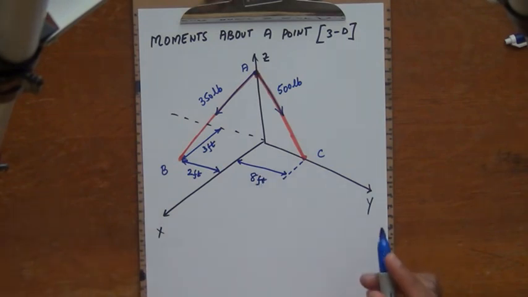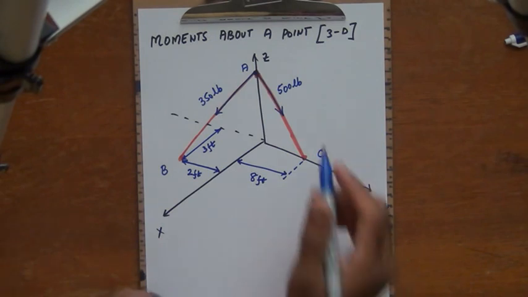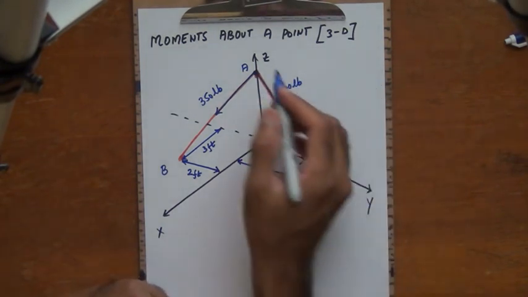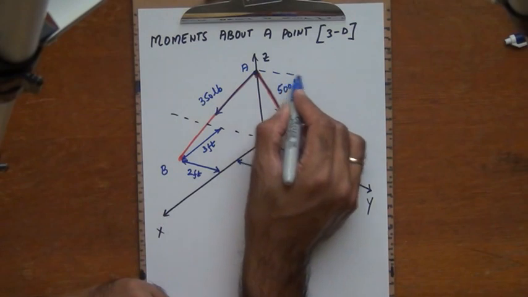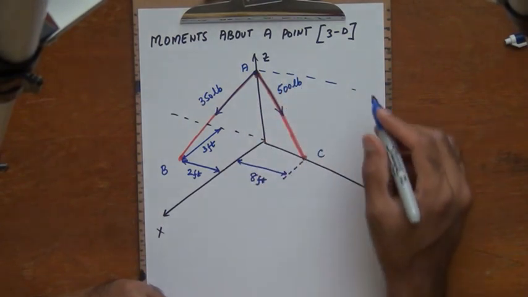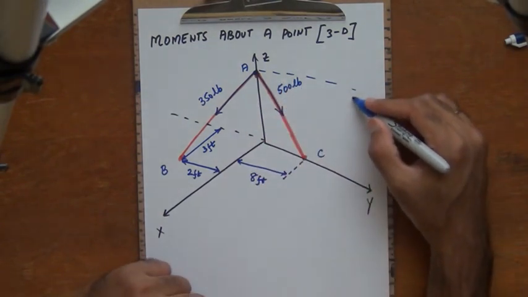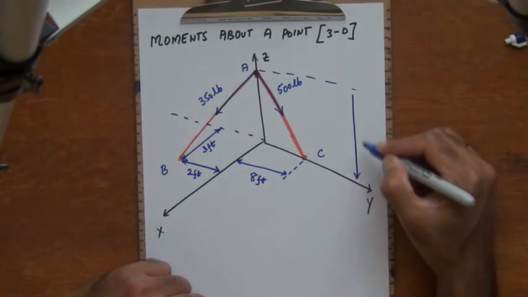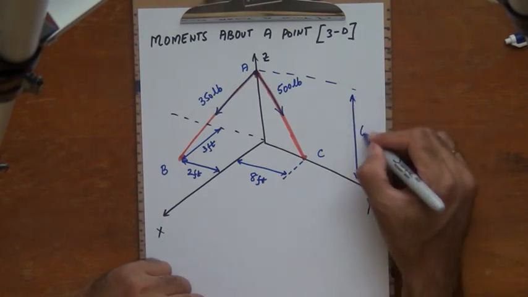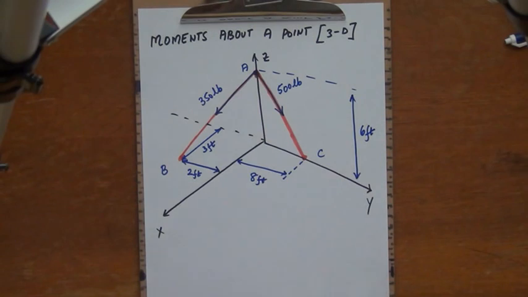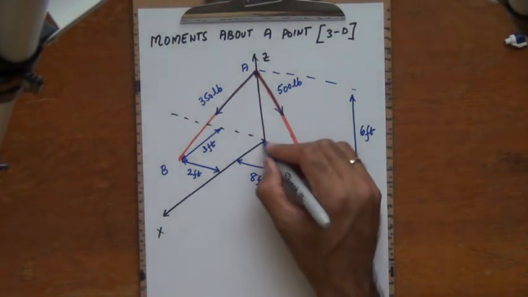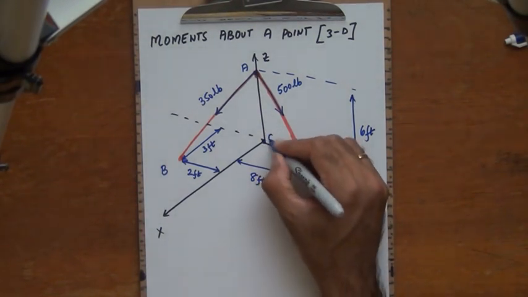This is at a distance of 8 feet, and the point A is raised above the xy plane by a height of 6 feet. Alright, so I'm going to draw a line parallel to the y-axis from there. And then the height of point A raised above the xy plane is 6 feet. Let's call the origin of the coordinate system as the point O.